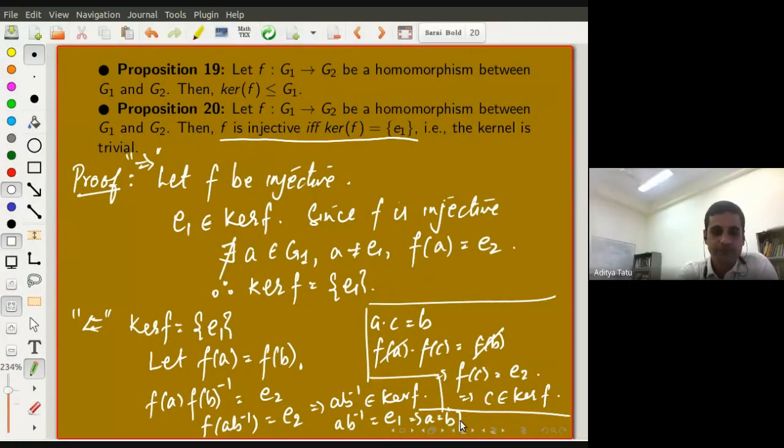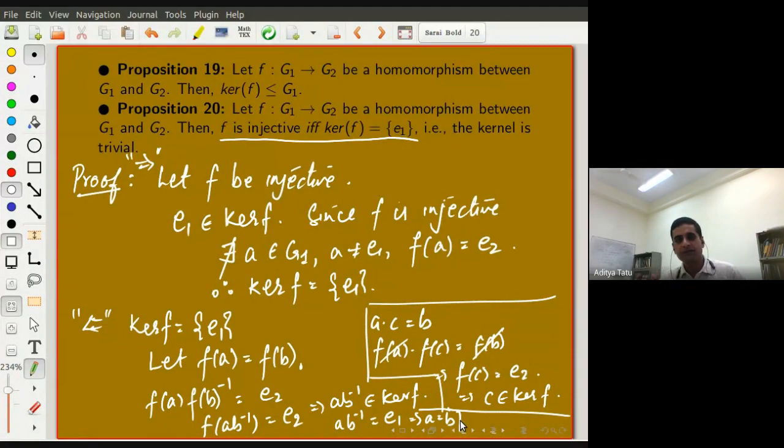Okay, go ahead. So this is an interesting property, right? If the kernel of F has only this element, then F is injective. Basically it means that you cannot have a homomorphism whose kernel contains only one element, but which may have some other pair of elements mapping to the same element.